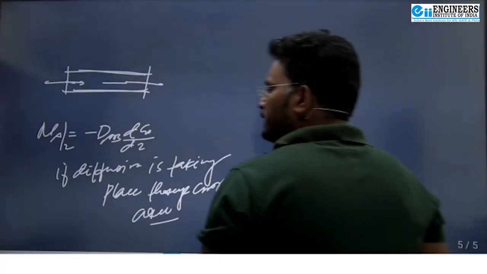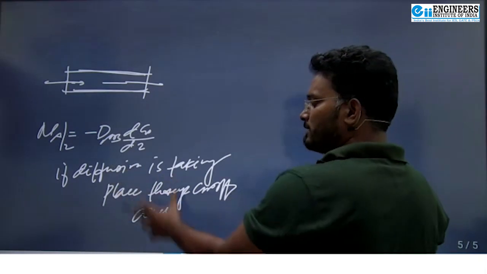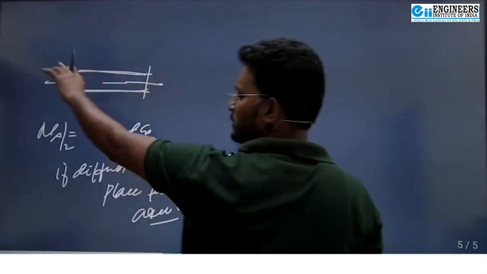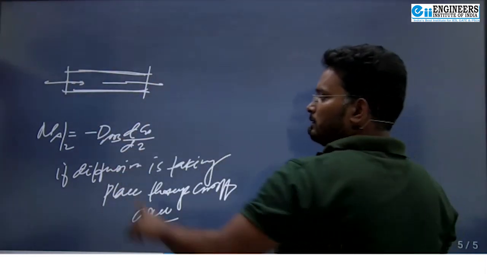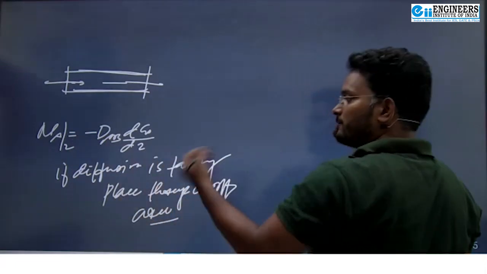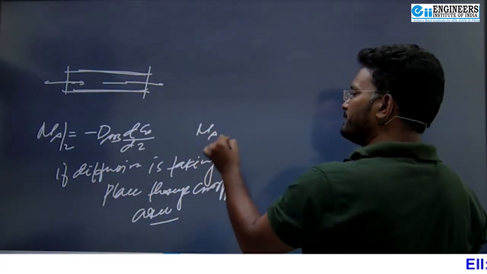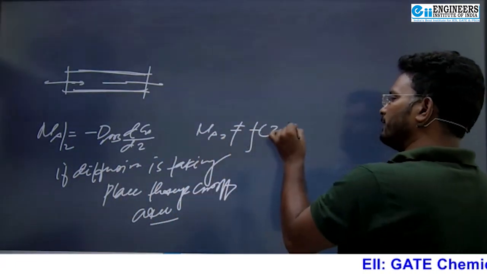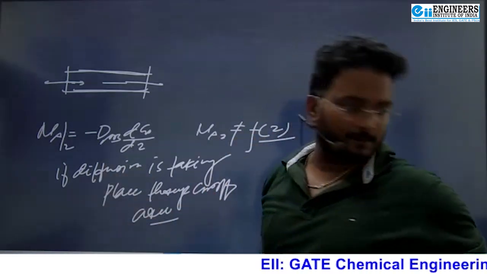Please tell me. If the area for diffusion is constant, then NA is not a function of Z. At all Z, the flux will be constant, just like in heat transfer, I told you many times.